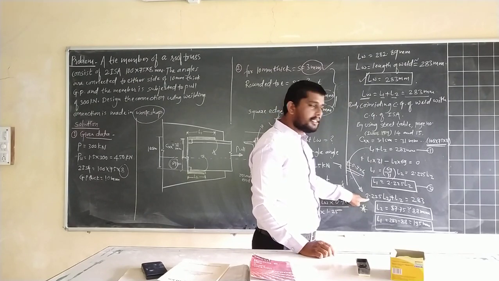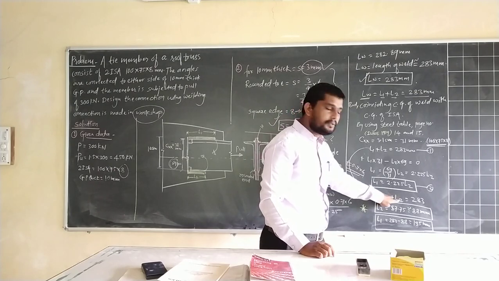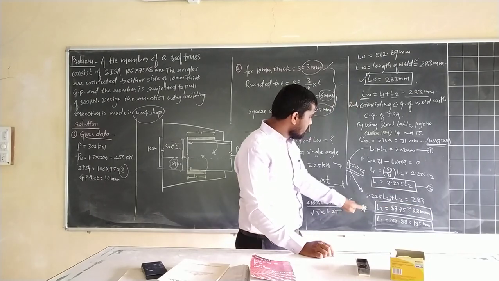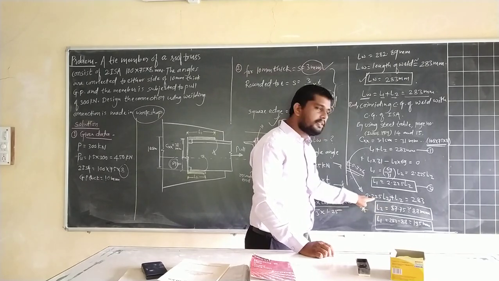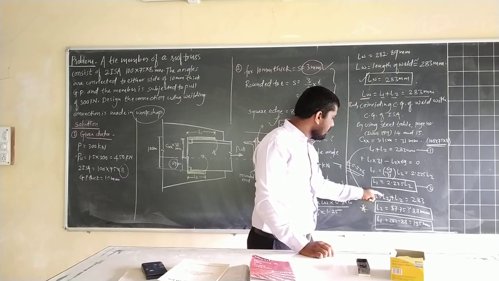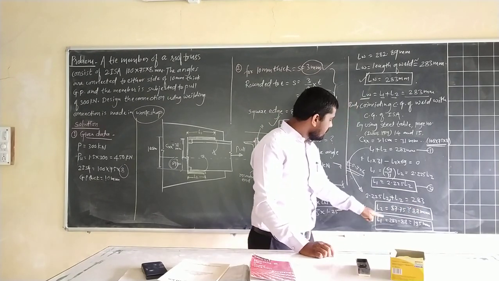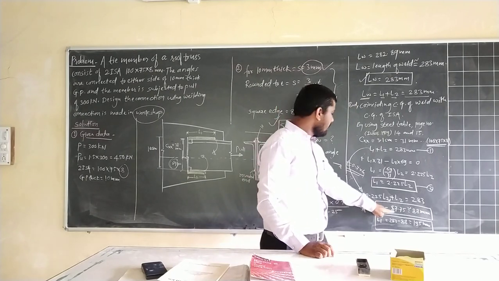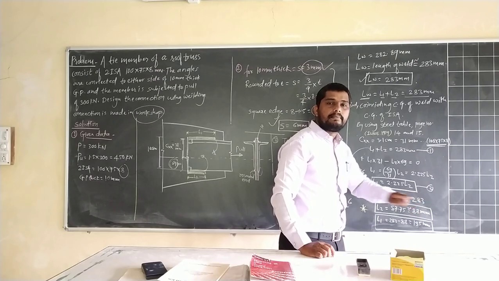The next equation will be 2.225 times L2 plus L2 equal to 283. So addition of L2 means 3.225 times L2 equals 283. We take this on the right hand side, and the L2 value will be 87.75, which is nearly equal to 88 mm.